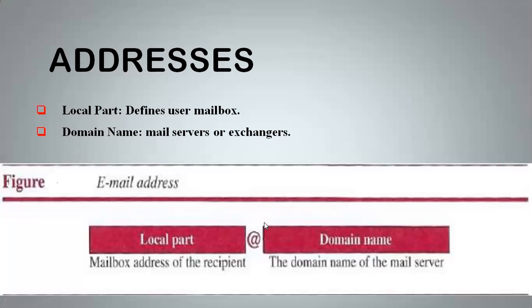After the at symbol comes the domain name. The domain name denotes the name of the mail server, whether Google, Yahoo, Rediff, or Hotmail, for example yahoo.com, yahoo.co.in, or gmail.com.